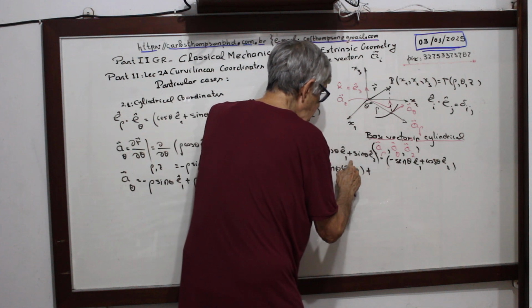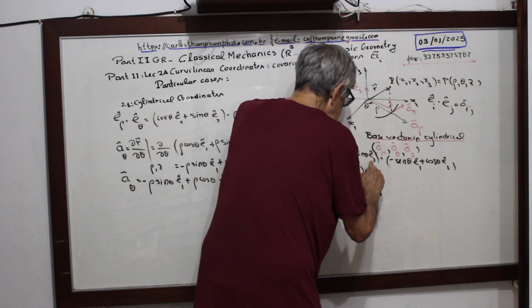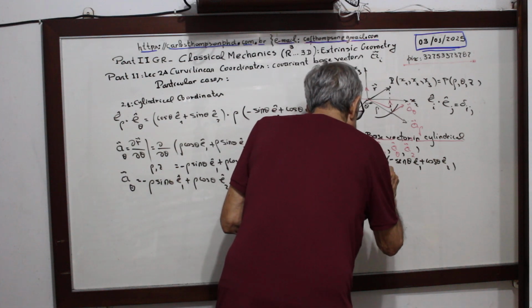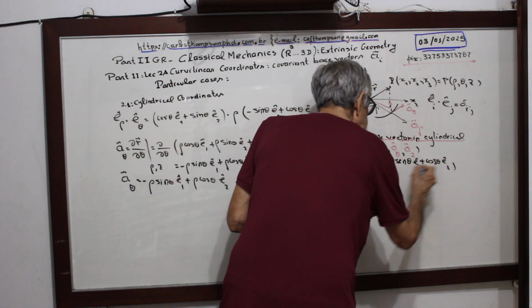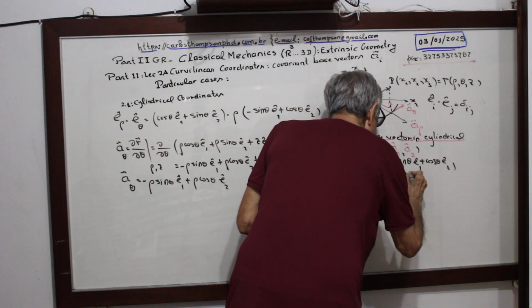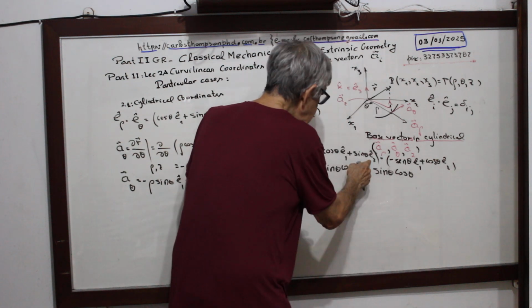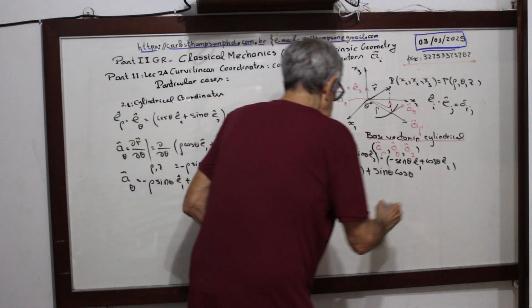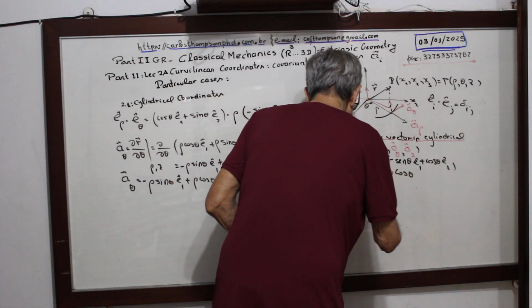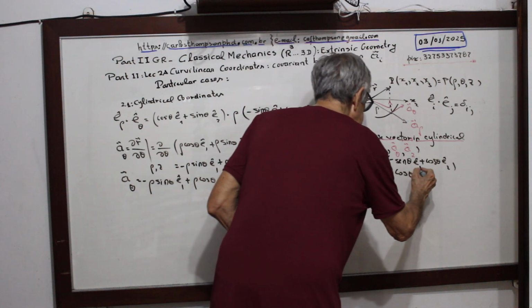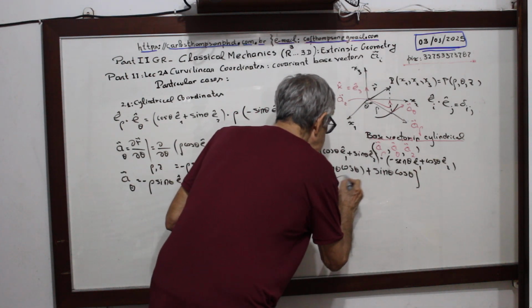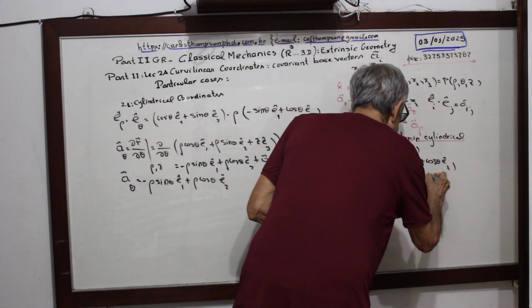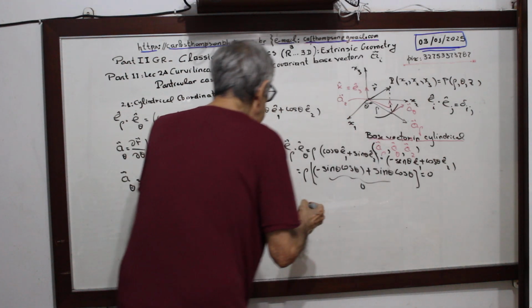E1, I'm sorry, E2 dot E2. So this will be sine theta cosine theta, because E2 dot E2 will be 1. This here will be 0. So this is 0.